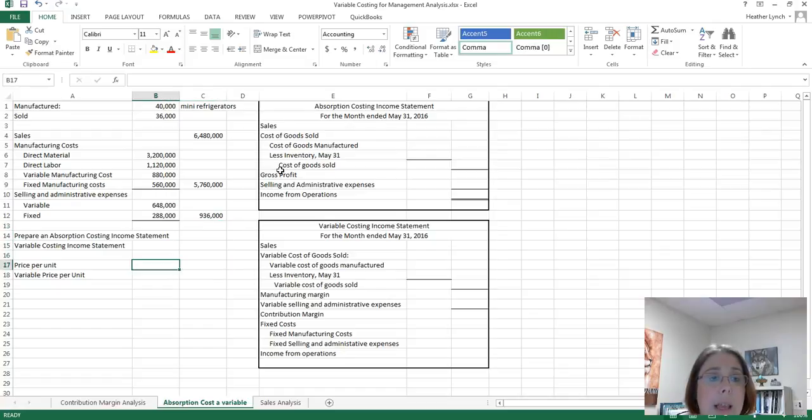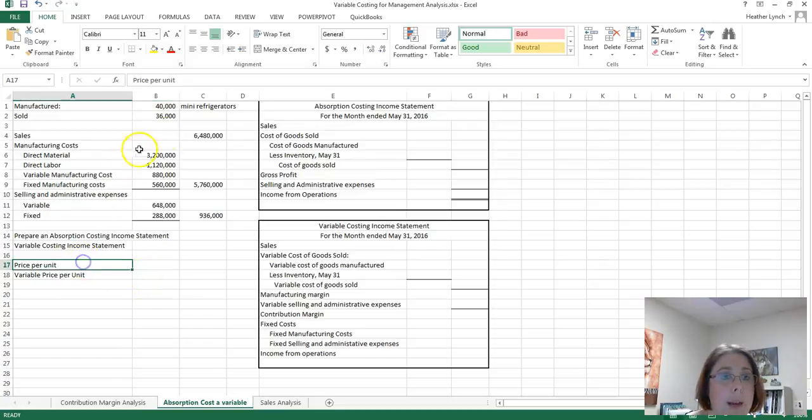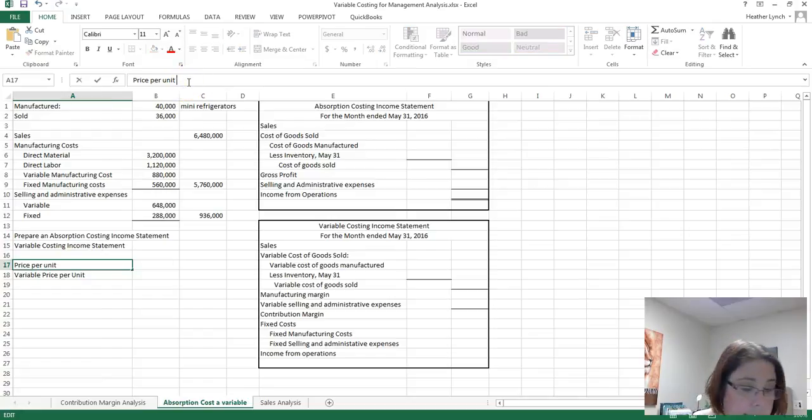Now before we can complete our absorption cost income statement and our variable costing income statement, we need to get a price per unit. And I have two separate ones. I have price per unit and I have variable price per unit. Okay, when you're looking at the price per unit, let me go ahead and put it in here so you can see this.